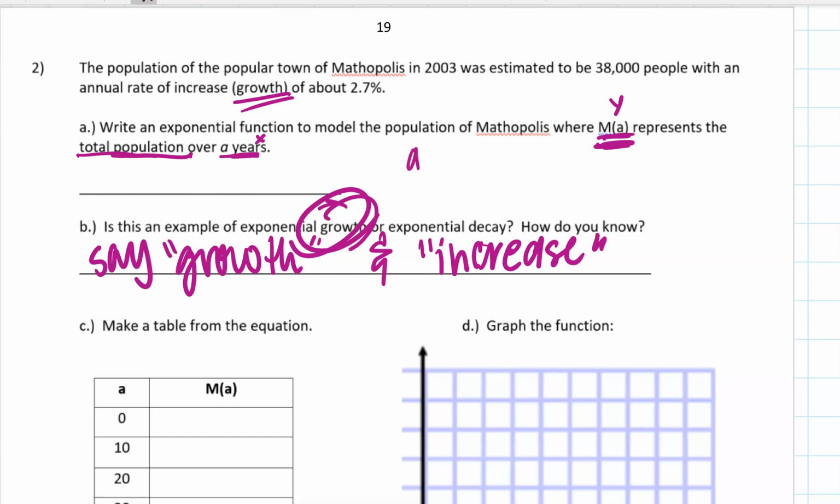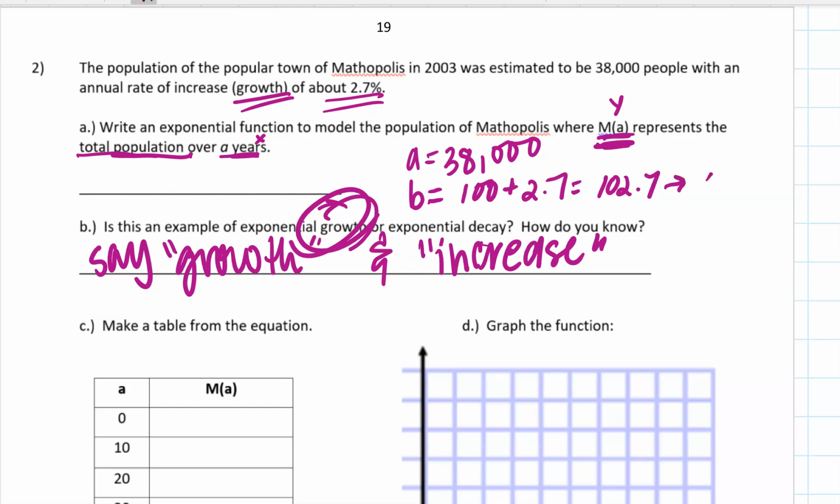So first things first, what is our A? Identifying what your A is, it should be 38,000. And then B, our exponential base, it says it's increasing at a rate of 2.7%. So we're going to take 100 plus 2.7, and we get 102.7, which as an exponential base is 1.027.